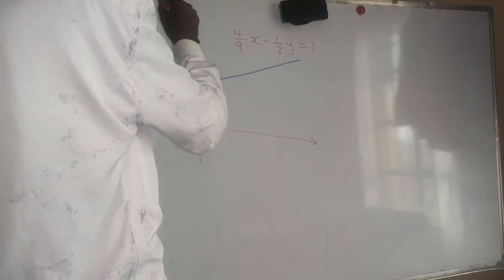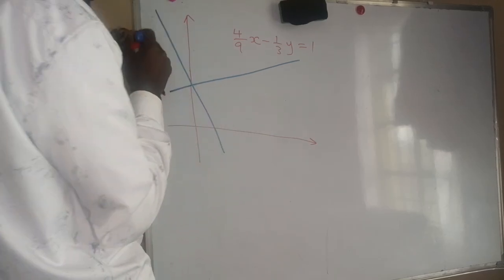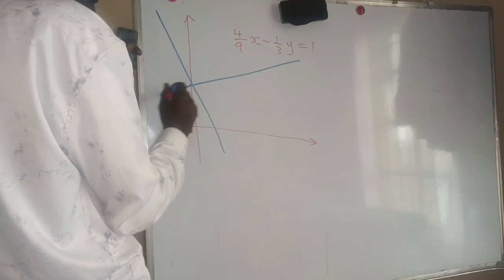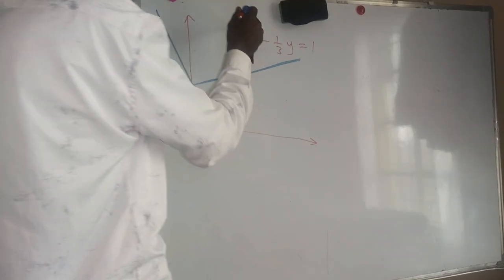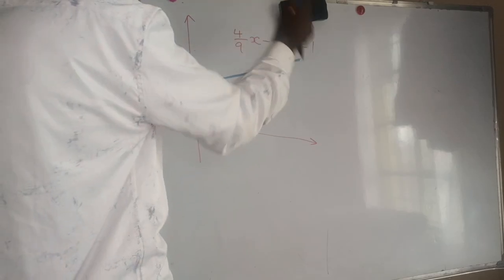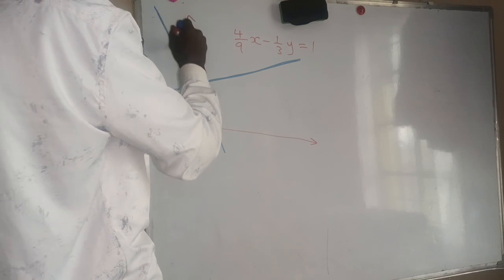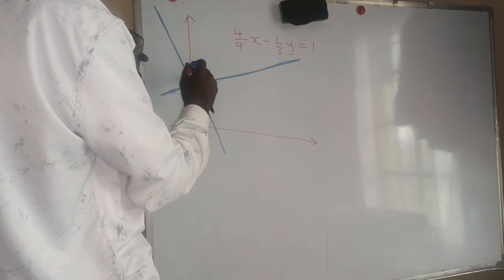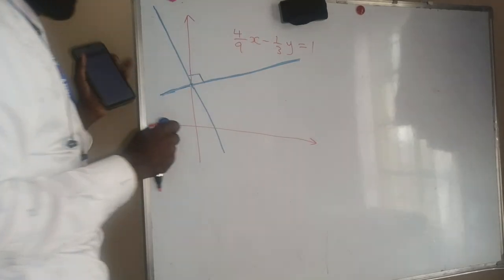So that means this is our first line, and the equation is 4 over 9x minus 1 over 3y equals 1. You're told to get the equation of another line, a perpendicular to this line. But this first line and this perpendicular are perpendicular to each other at the y-intercept of this first line.